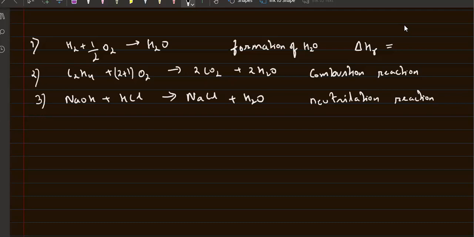So I'm getting this point that we have different types of heat of reaction depending on the type of reactions. Obviously there will be different types of reactions, so we have to study all those, and the heat associated with them will be called different types of heat of reaction.